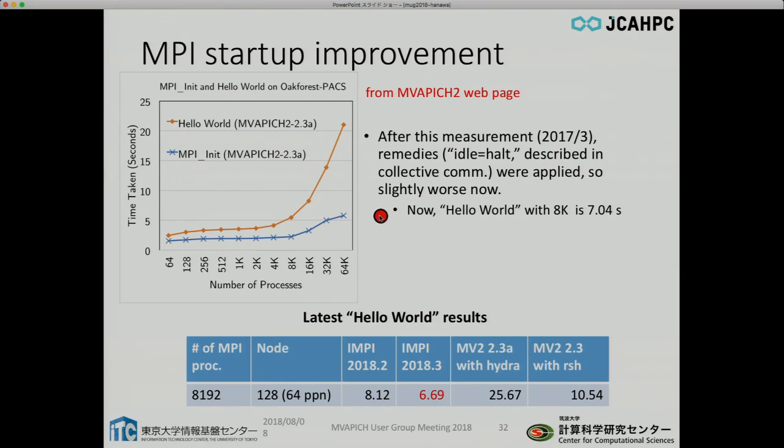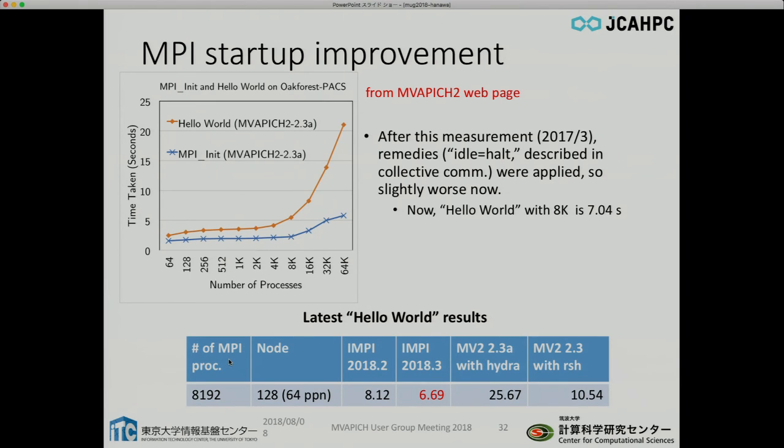Actually, in the current situation the latency is getting relatively worse, because as I mentioned, the remedy was applied to the OFP, so the clock is relatively slower than in last year's time frame. Now hello world with 8K is 7 seconds.